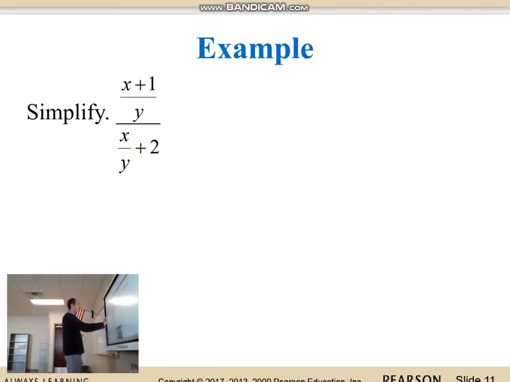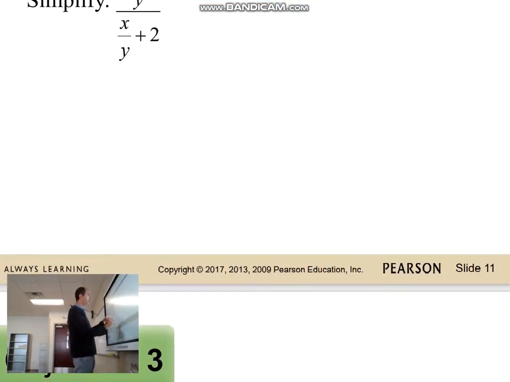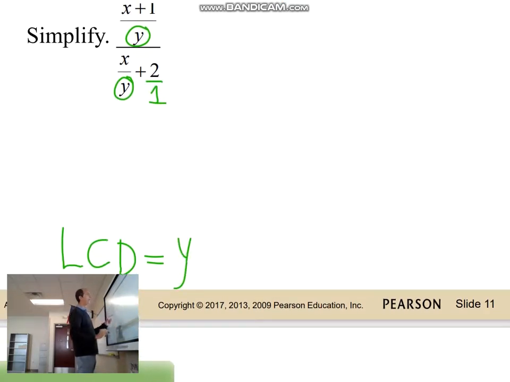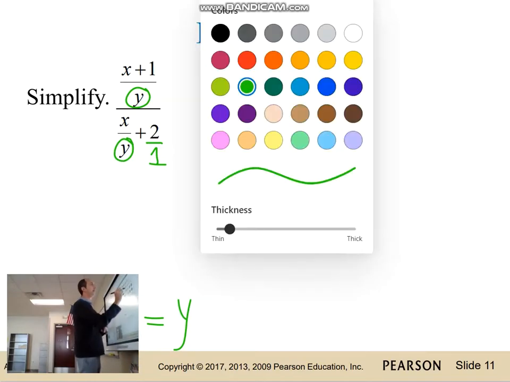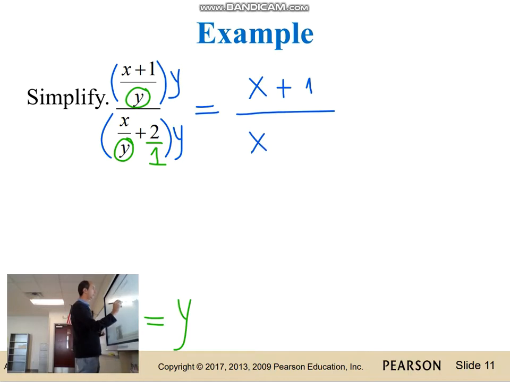For the next one, let's use again the least common denominator. If you think about it, the least common denominator here is going to be y. Multiply the top by y, multiply the bottom by y, and you will have x plus 1 over x over y times y, x plus 2y.